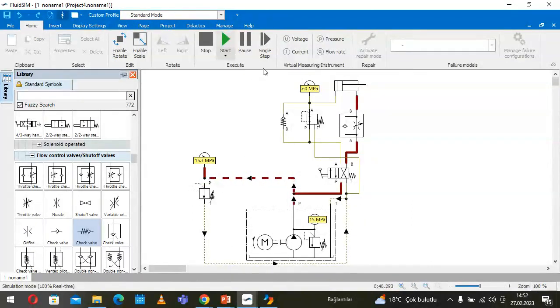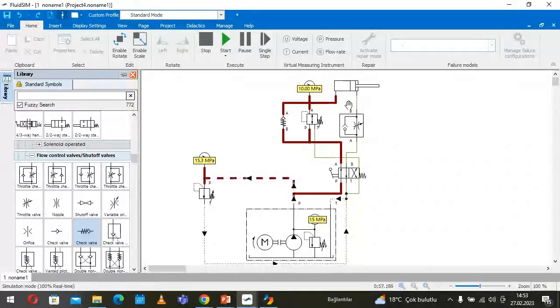So then let's start. So in that direction, you see this is maximum 10 bar. You see here the back side of the cylinder, we have 10 bar pressure. Here we have 15, always everywhere 15, but here this is the back side of the cylinder, we have 10 bar because of this pressure relief valve. So not more than 10 bar.